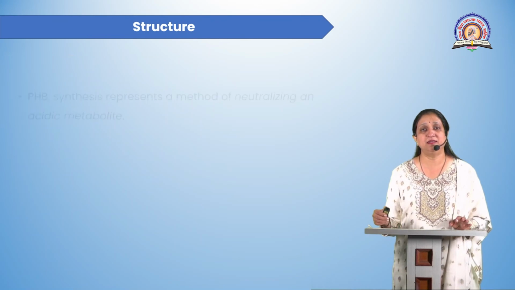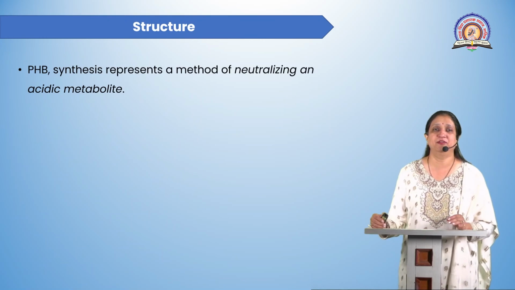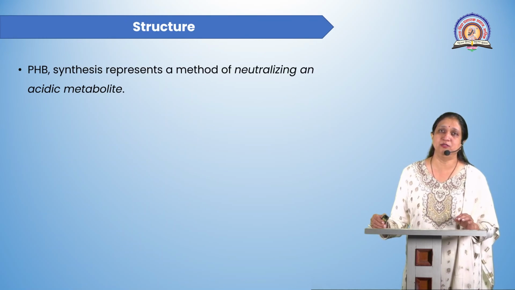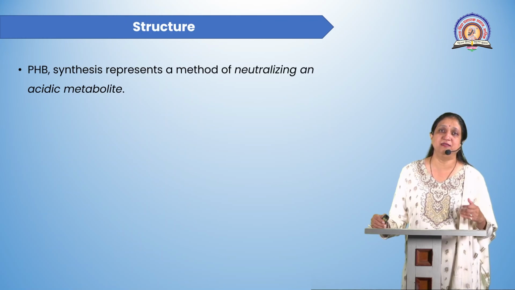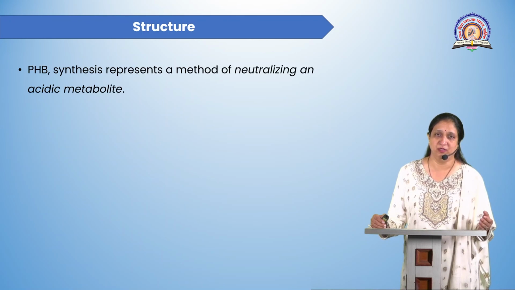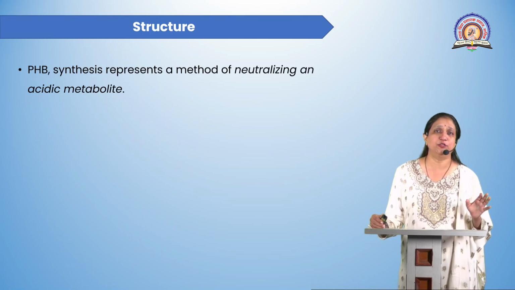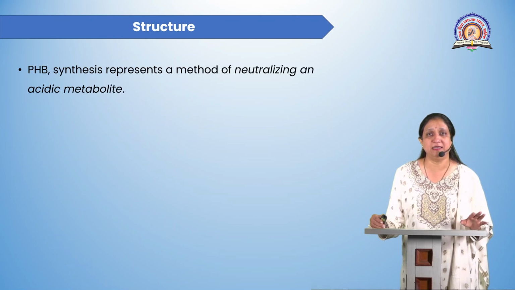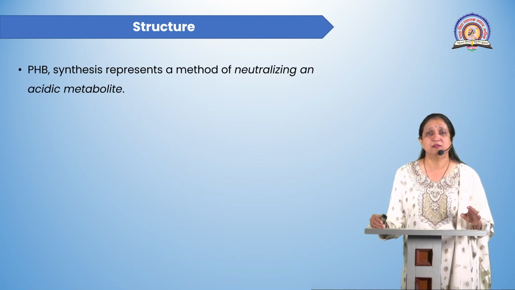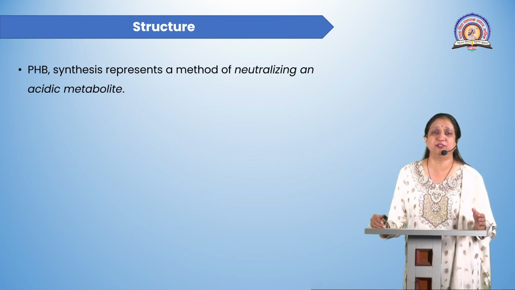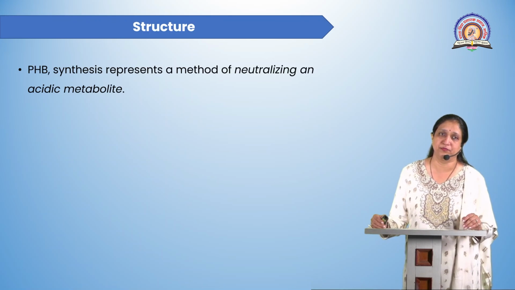Right? But the degradation of the molecule is not very easy, and it does not exactly occur by the reversal of the granule. It is necessary that the granule should be first activated for the degradation. So before we go to the degradation of the granule, let us see about the structure of the PHB granule.